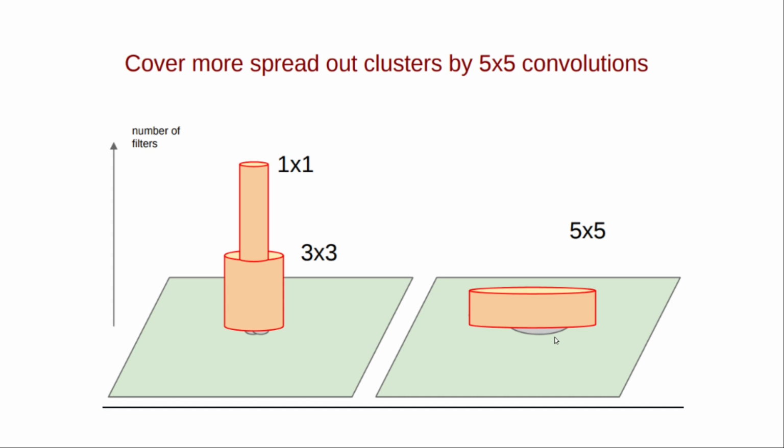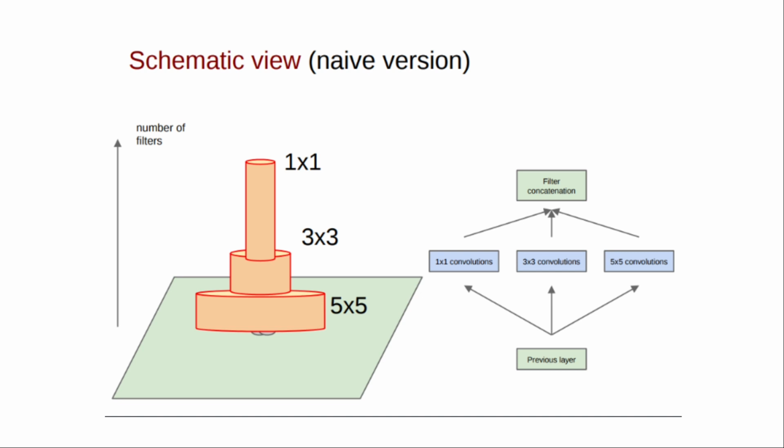So in the Inception module, we are going to use all of them, that is 1 by 1, 3 by 3, and 5 by 5, to capture different cluster sizes, that is different areas of features in the image, and then concatenate them on top of each other, something like this.